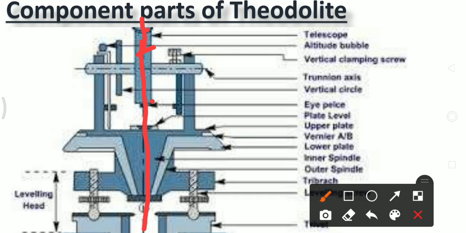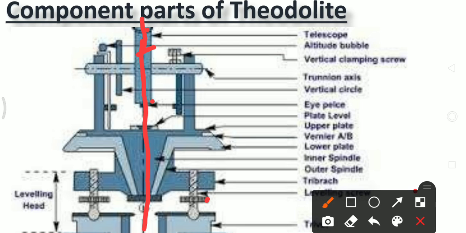When we set the instrument on the tripod stand, the instrument is not accurately level. With the help of the foot screws, we level the theodolite.